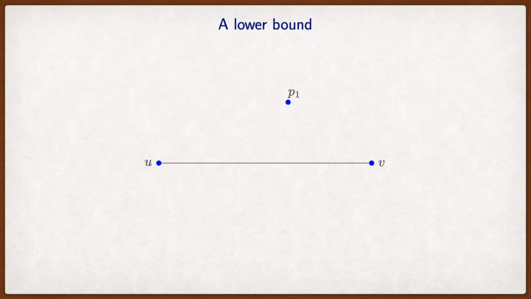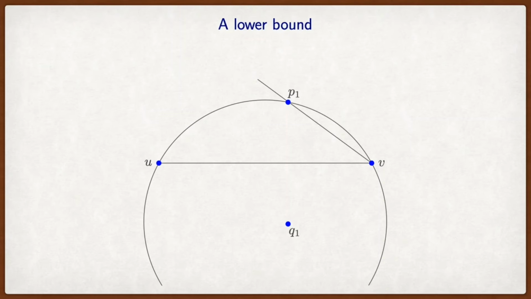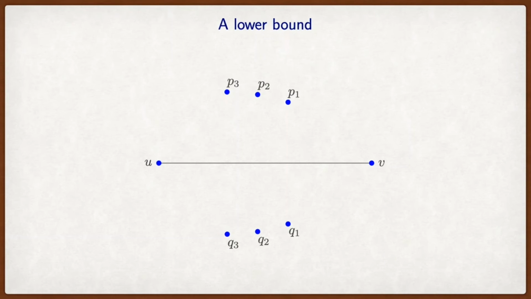Then, we take the reflection of such P1 with respect to the line, such that the circumcircle of U, P1, and B contains Q1. Then, we add the next vertex close enough to P1, such that it's outside the circumcircle of U, P1, B, and it's below the supporting line of P1 and B, as in the figure. Then we also take the reflection of such point, and we continue constructing such point set.